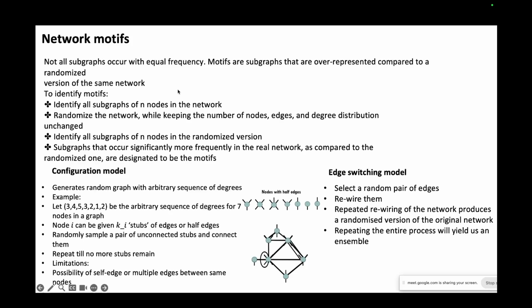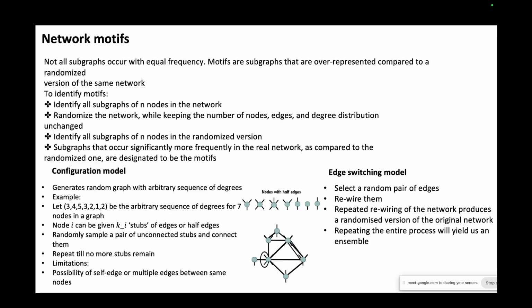To identify a motif, you first identify all the subgraphs of all the nodes in the network, and then you randomize the network while keeping the number of nodes, edges, and the degree distribution the same, and you find all subgraphs that occurred significantly more frequently in the real network as compared to the randomized one.